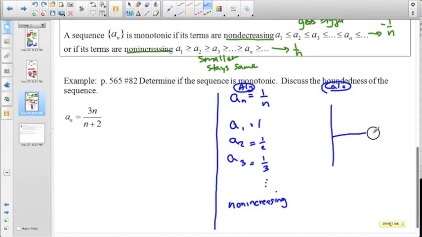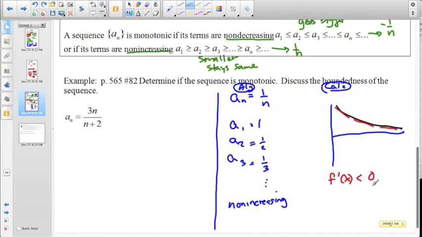if here is the graph of 1 over n, then the derivative of that graph, anywhere we take, is going to be less than 0.